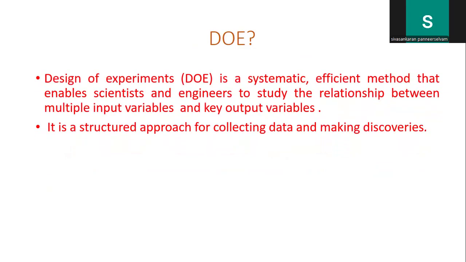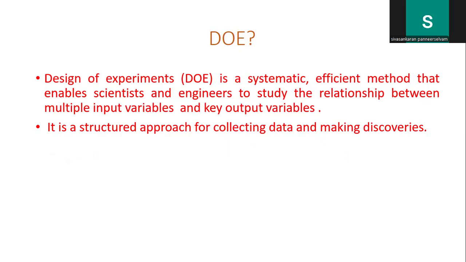So what do we mean by DOE exactly, in a nutshell? DOE is considered to be a systematic method which supports scientists and engineers to study the relationship between multiple input variables and key output variables.